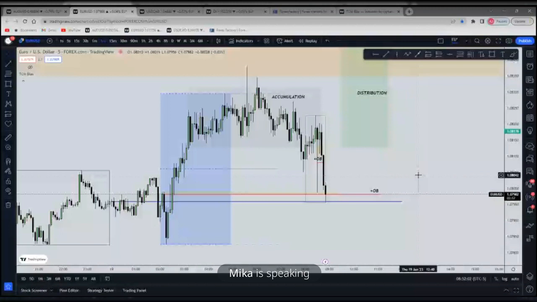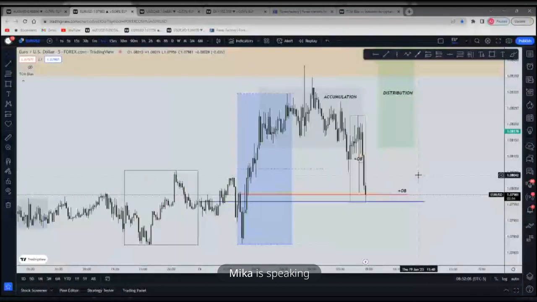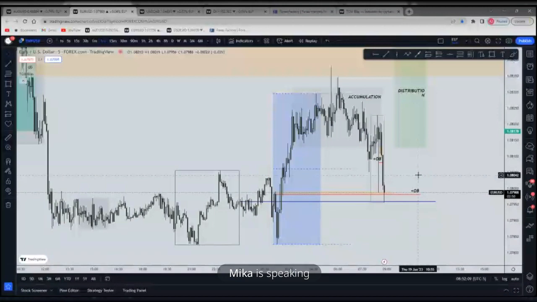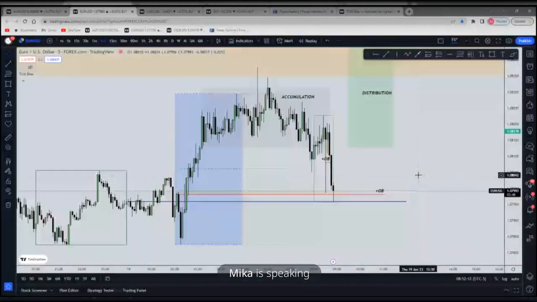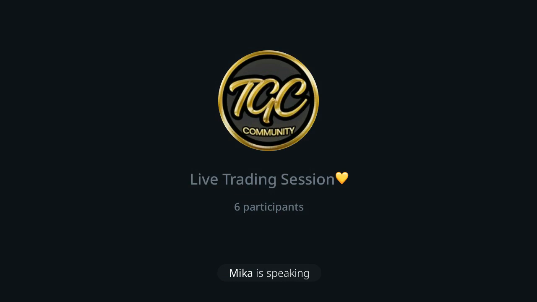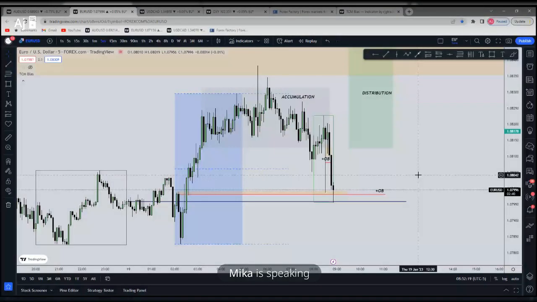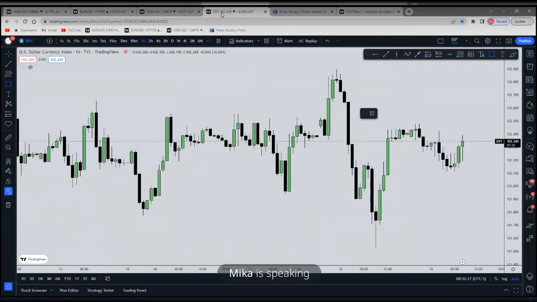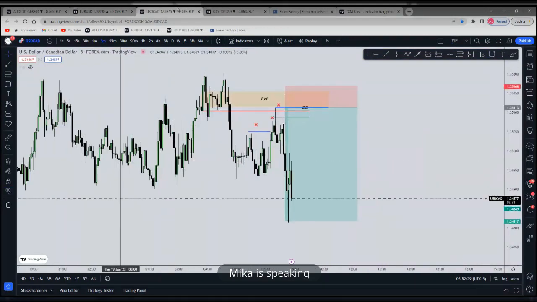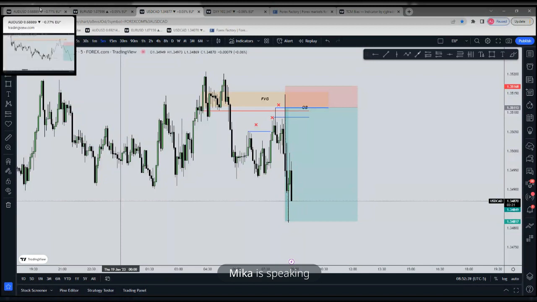So this is what I see. But again, what I wanted to see already happened. We just couldn't get it on EU, unfortunately. So right now I'm staying on the sidelines. Yeah, me too. I'm just observing EU a little bit on the side. If this gives a strong reaction around this area, because this is essentially where I wanted it to be, then I'm interested. But again, this is not high probability, and chances are I will stay on the sidelines.